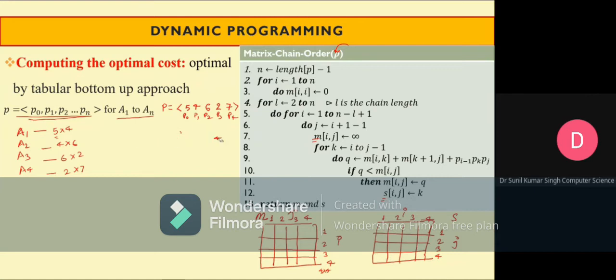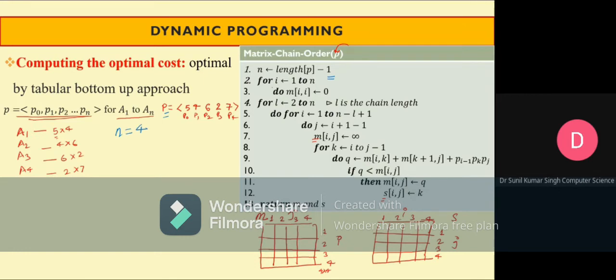Now focus here. Look at this very first line. What will be the value of n if we are going to pass this P? The length of P is 5 because there are 5 elements: 1, 2, 3, 4, 5. 5 minus 1 means it will be 4.